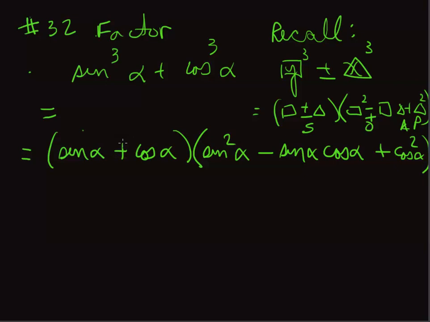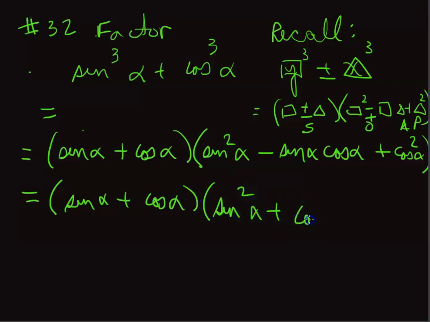So, we can take this a little further if we want to, and you really don't know that until you know when to stop, and you'll have to know the answer for that. So this is still sine alpha plus cosine alpha, but now let's put that sine squared alpha plus cosine squared alpha together minus sine alpha cosine alpha.